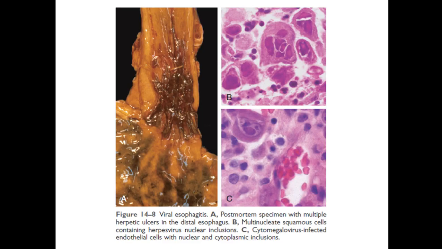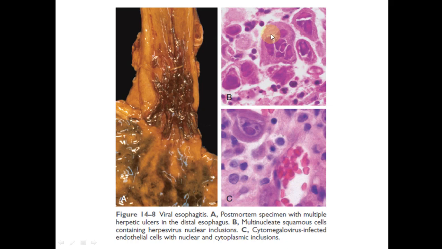In this picture, picture A on the left side, is taken from a person who was dead, therefore we say post-mortem specimen. Here we can see multiple herpetic ulcers in the distal esophagus.